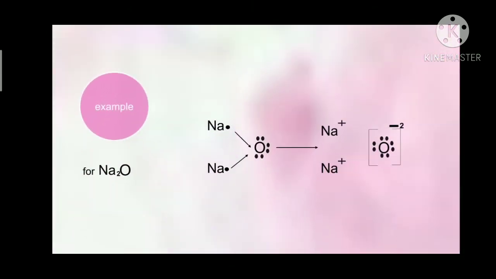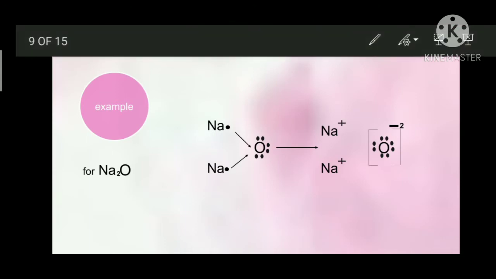The example is sodium oxide. Sodium has one valence electron and oxygen has 6 valence electrons. One valence electron is transferred to the oxygen.